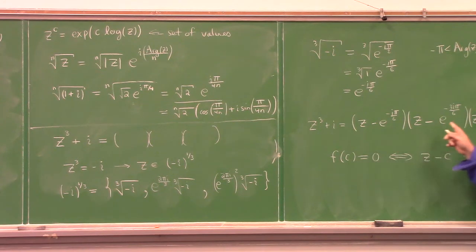Minus i pi over 6. Yeah, it's right here, this one. So e to the, oh, wait a minute, no. E to the minus i pi over 2 is minus i. That gives me z plus i, though. I thought that was weird that you weren't adding them. No, it's minus c is a factor. But c's a negative number.